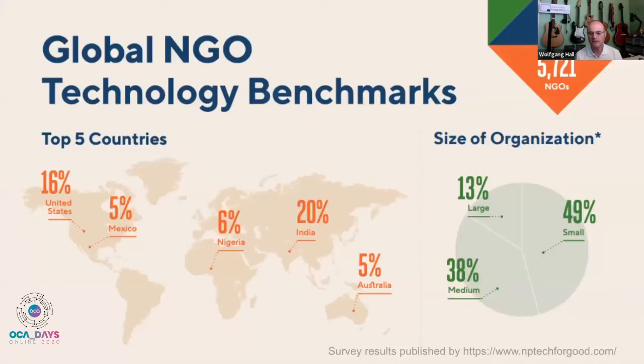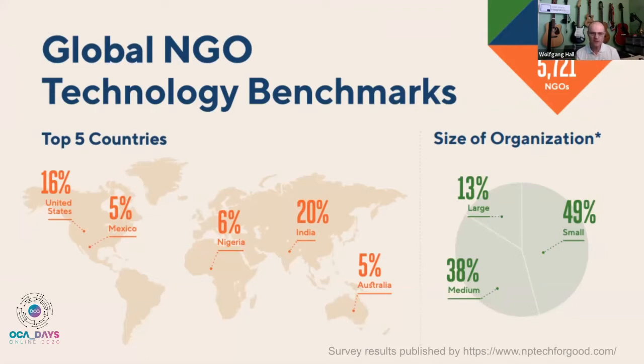There's a survey, it's not so little, sponsored by some organizations in the nonprofit world. They sent out a survey in 160 countries and got some 5,700 responses from NGOs. It shows us where the top countries are. You see that the United States is pretty big.